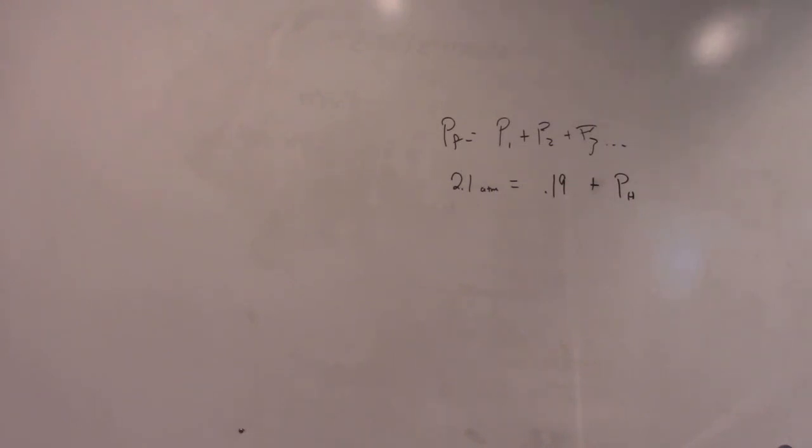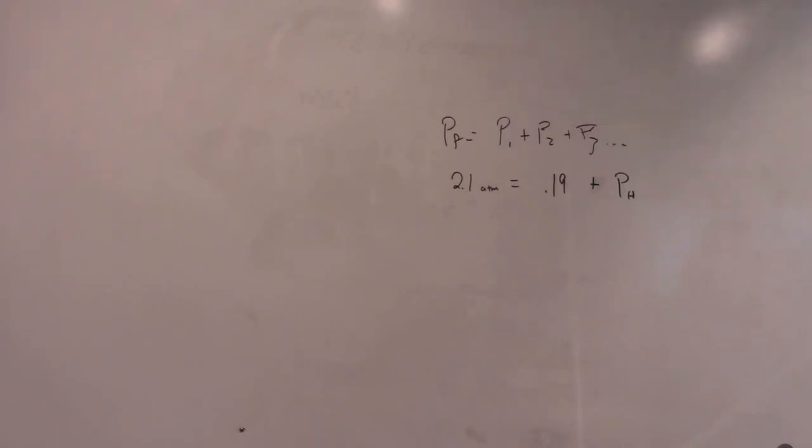Where are your notes? Oh, Q equals MC times delta T. Wait, what equation is that for? Q equals MC times delta T. So Q is the energy, M is the mass, C is the specific heat for the substance, and delta T is the change in temperature.